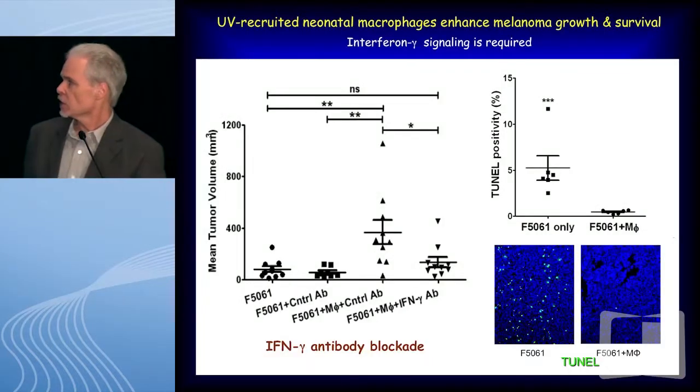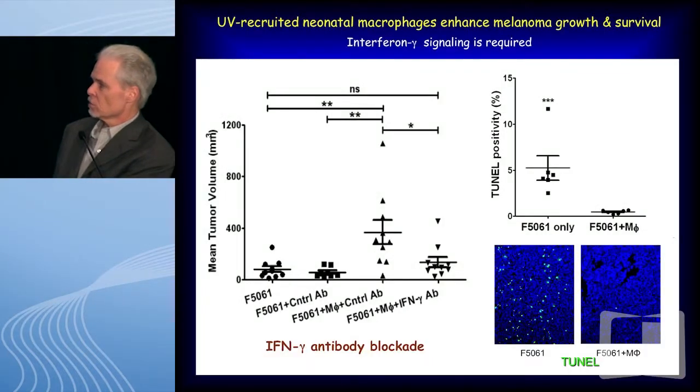And so he admixed these together in a 5-to-1 ratio of melanoma cells to macrophages, to find out if they would change the way the tumor grows. And the nice thing is you could also do plus or minus blocking antibodies to interferon gamma to show what the role is there.